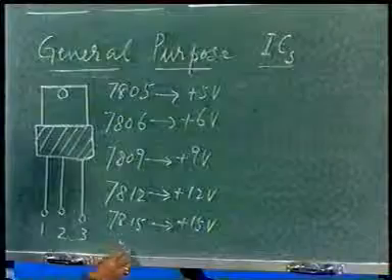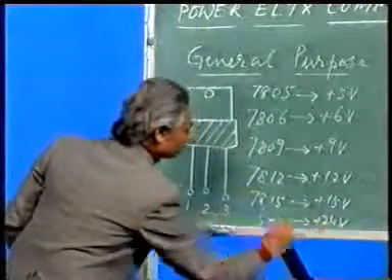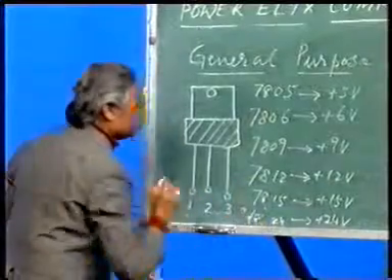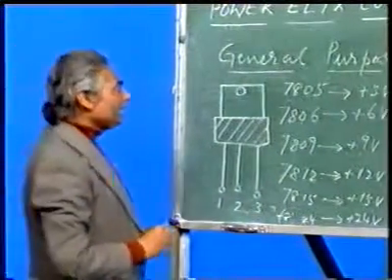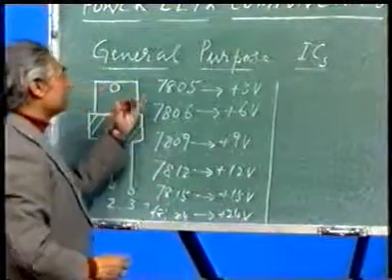It goes up to 24, I think. Yes. Similarly, you can have a negative voltage group also which starts with 79.